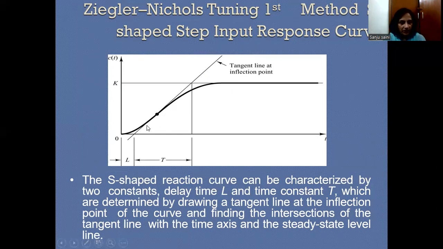This is the shape of the curve. Then we find a point of inflection of the curve. This is the point of inflection. We just draw a tangent and find its intersection with the time axis and the steady state level line. We get two points, and that will give us the value of L and the value of T.